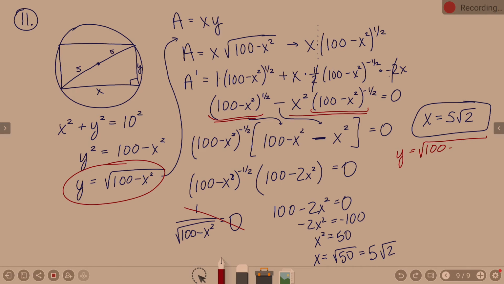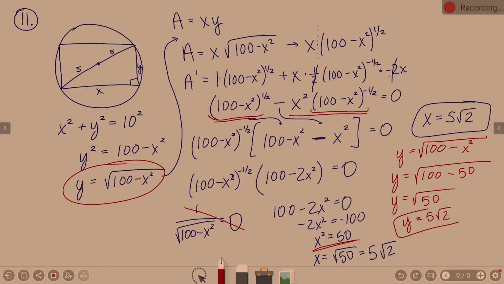And I would use that. So y is the square root of 100 minus, what was x squared? 50. x squared was 50, yes? Can I cheat and use that? Okay. So 100 minus 50. Hey, 100 minus 50 is 50. y is the square root of 50. Oh, hey, guess what? y is 5 square root of 2.